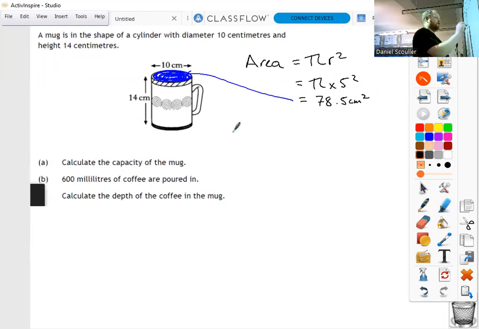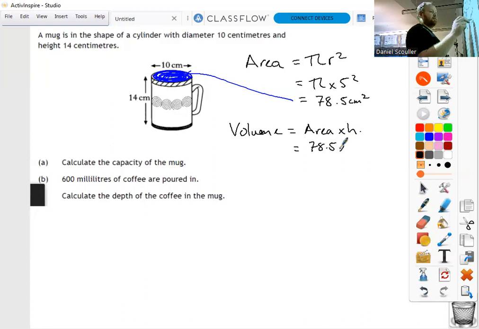So the area of that blue circle is 78.5. The volume of the whole shape is the area of that blue circle times the height. So pi r squared times the height. So we'll try to find the volume. It's 78.5 multiplied by the height, 14.